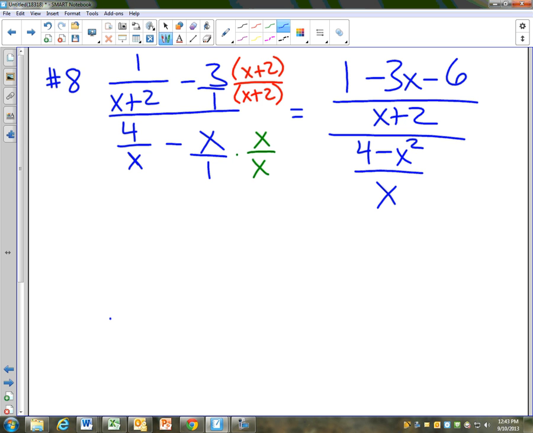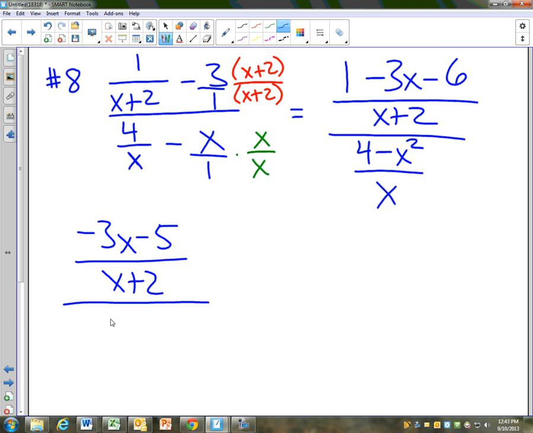So 1 minus 3x minus 6 over x plus 2 over 4 minus x squared over x. Any questions how I got that step? Okay, what can I simplify here before moving on? Yeah, the 1 minus 6, so I'll write that as negative 3x minus 5 over x plus 2 over.